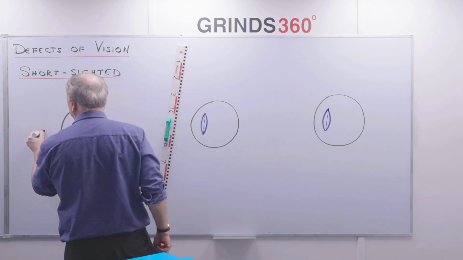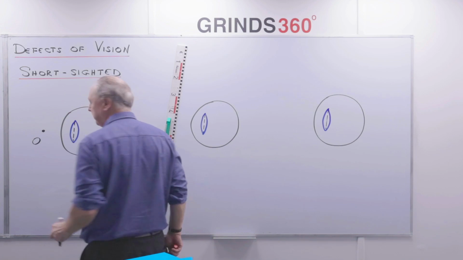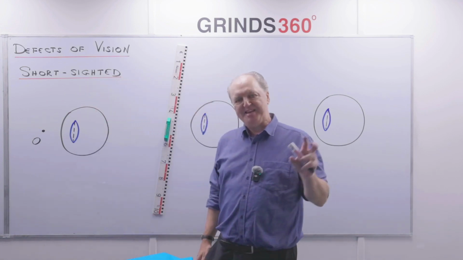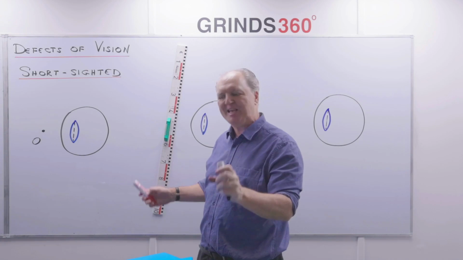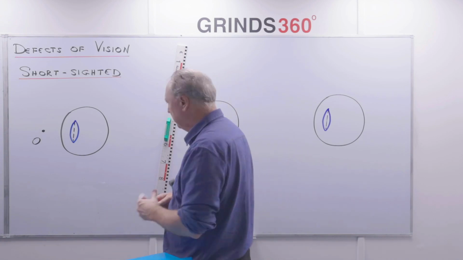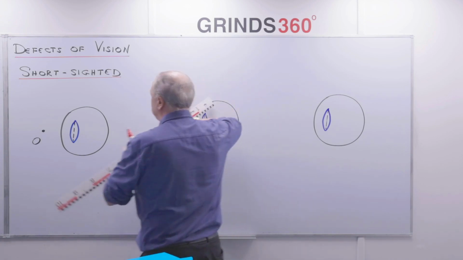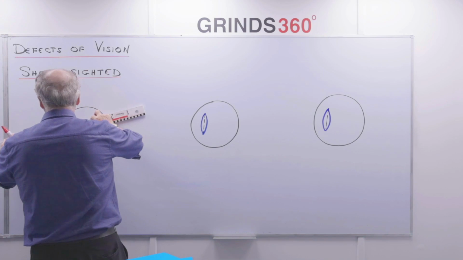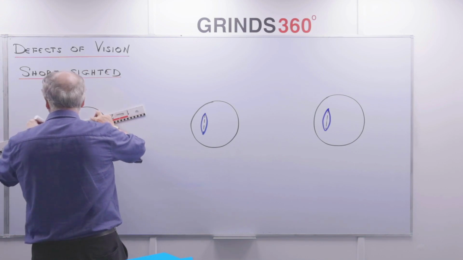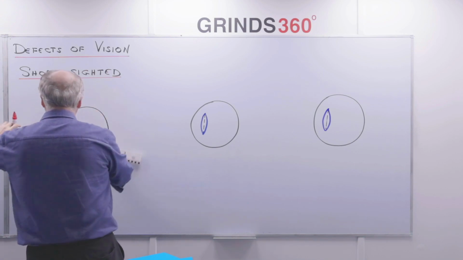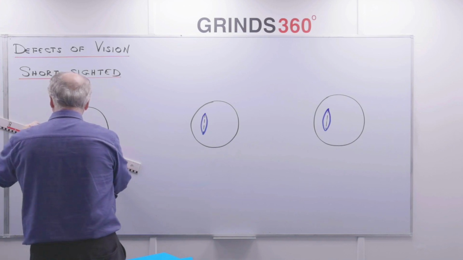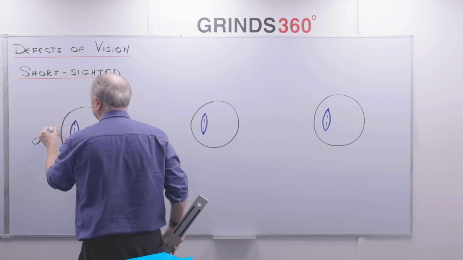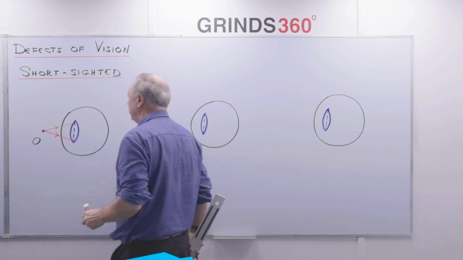So there's my object O. Now when you're looking at a near object, the rays of light can diverge a little bit and still enter your pupil. So let me take two rays of light coming off that. So here's my first ray of light entering the pupil, and here's my second ray of light. The diagram exaggerates the sizes of everything a little bit.